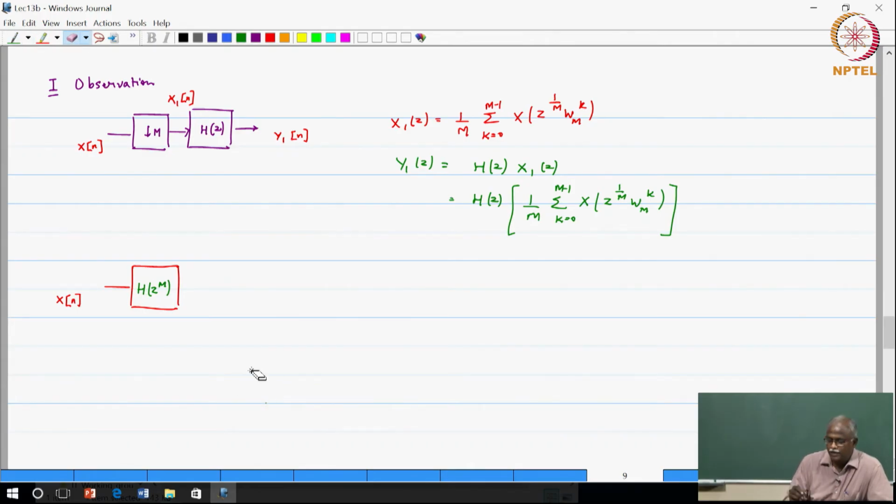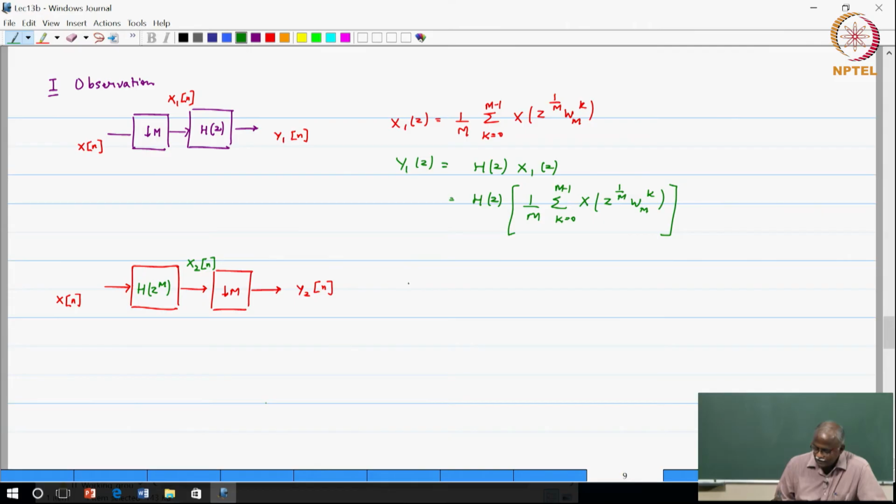But interesting, you think about what H(z^M) looks like. So H(z^M) is what we have, followed by a downsampler, and this output I will label as y2(n) with the intermediate signal being x2(n). Okay, please write down the output for this.